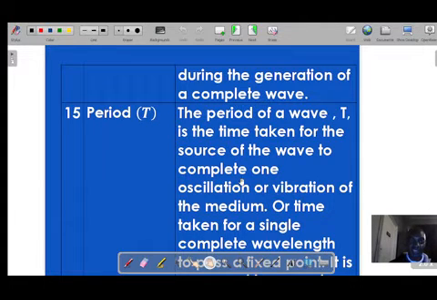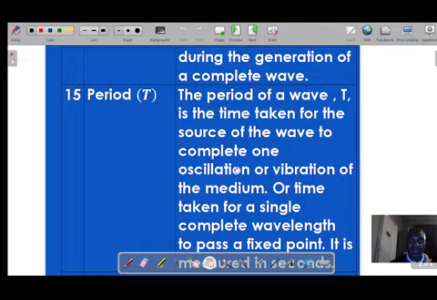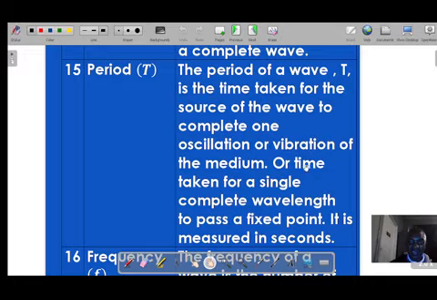Then the period T of a wave is the time taken for the source of the wave to complete one oscillation or vibration of the medium. Or you can say the time taken for a single complete wavelength to pass a fixed point.